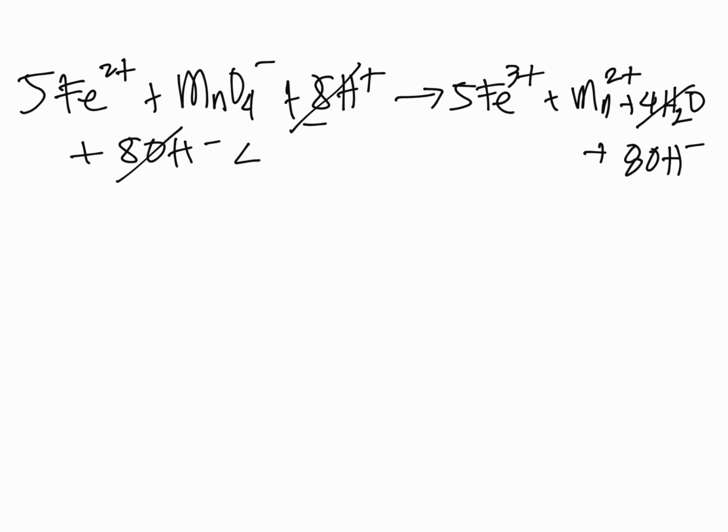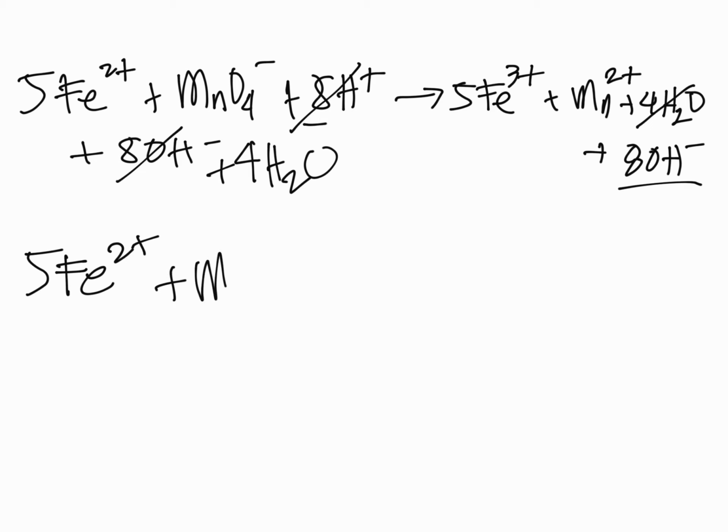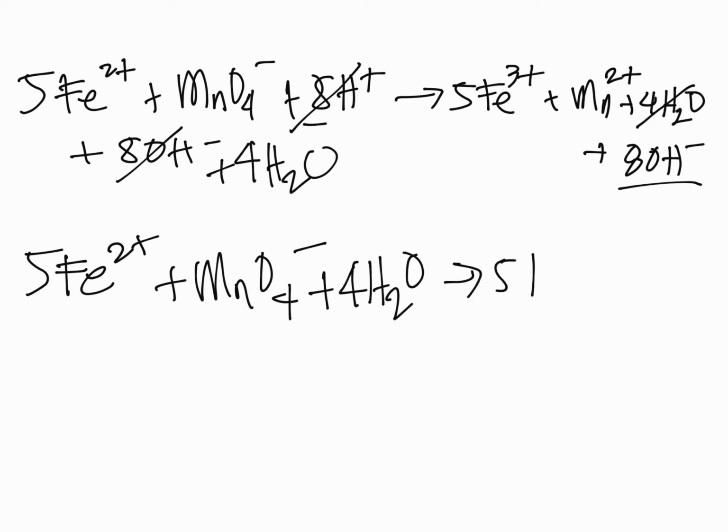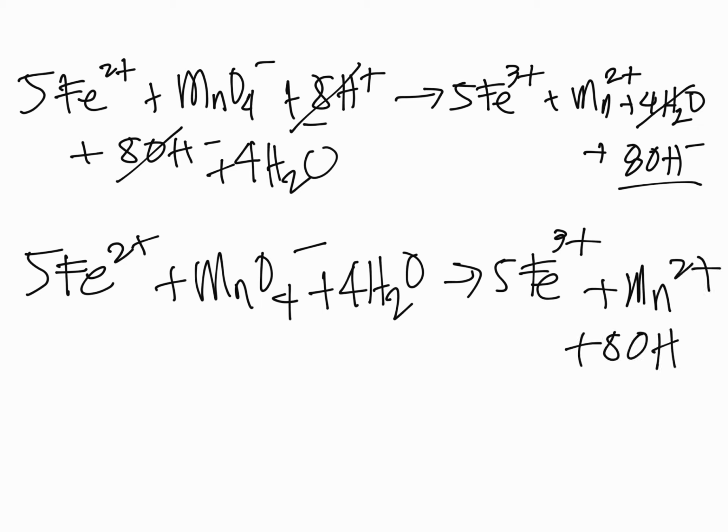So what's left is 4 water. Rewriting: 5 Fe2 plus, MnO4 negative plus 4 H2O, and 5 Fe3 plus, Mn2 plus, 8 OH negative.